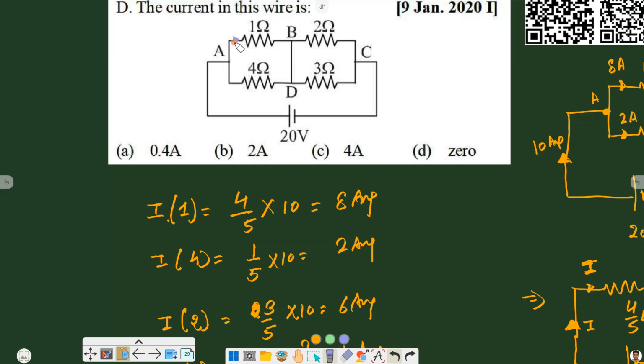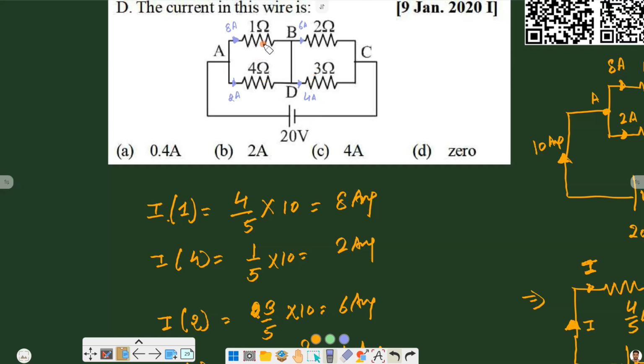So as per what we have solved, through 1 ohm there is 8 ampere current. Through 4 ohm, there is 2 ampere of current. For 2 ohm, there is 6 ampere of current, and for 3 ohm, there will be 4 ampere of current.